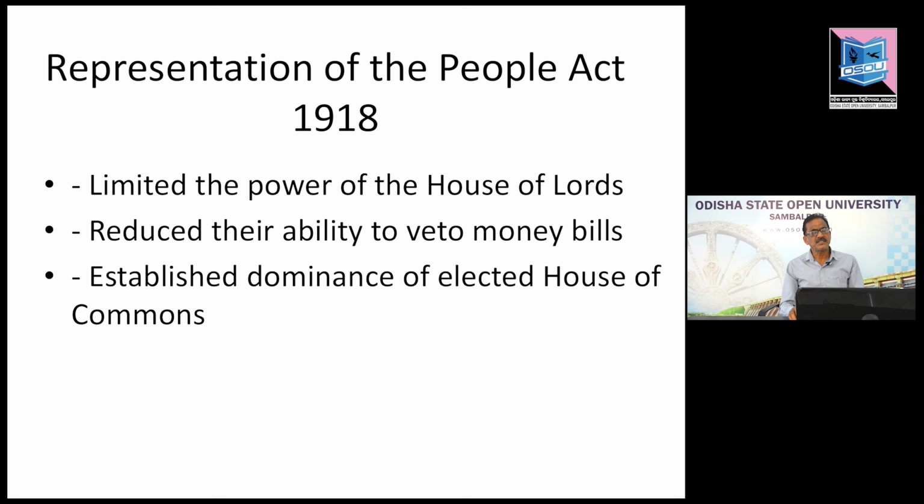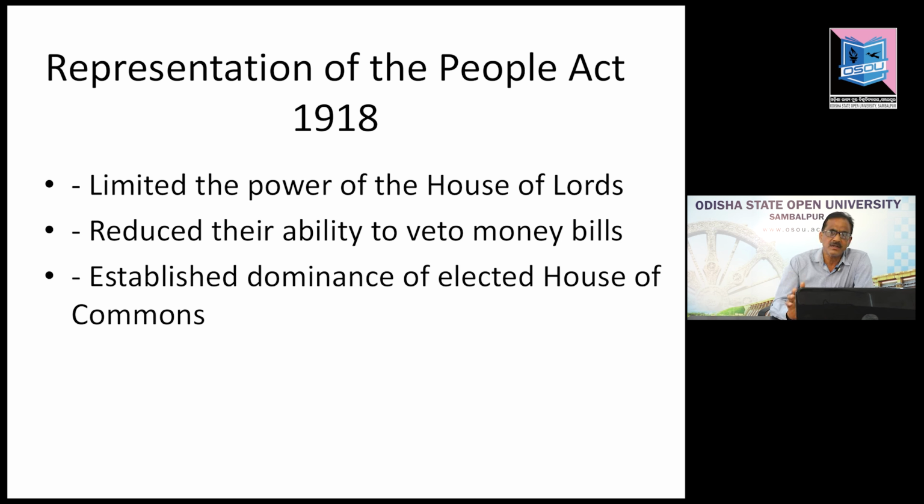Then another act was enacted in 1918, which is known as the Representation of the People Act 1918. The major provisions of this act were that it granted voting rights to all men over 21, which is in practice nowadays throughout the world mostly, and further the ages have been reduced, and it extended suffrage to women over 30.